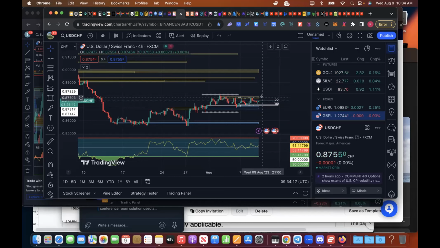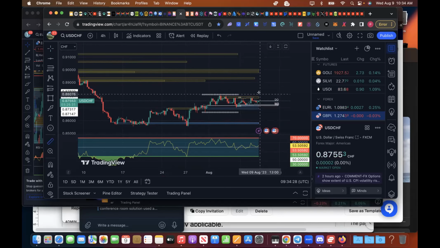But once we're able to cross that 877 plus, that's crossing here. So if somebody is buying from up here, 88 something, let's say here, still targeting about 88988.